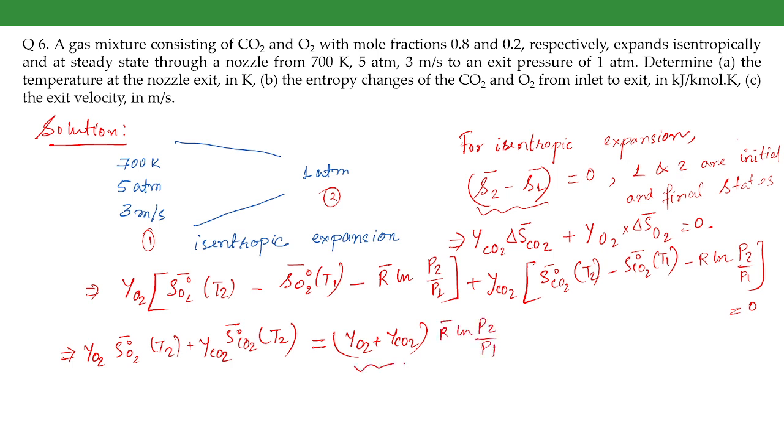This is the sum of the mole fractions, so this has to be 1, plus YO2 S°O2 bar at T1 plus YCO2 S° bar of CO2 at T1. Since we know T1, that is T1 is 700 Kelvin, we can determine these values from the ideal gas property tables of oxygen and carbon dioxide.